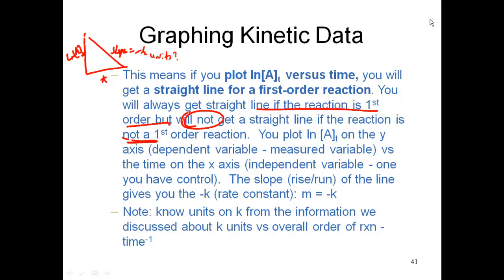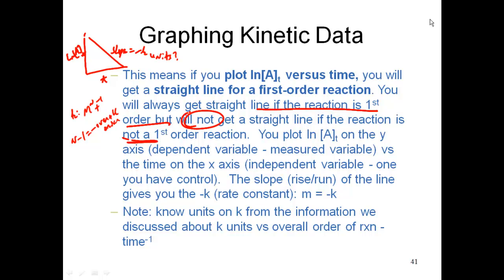You might recall that we know that K has units of molarity to the n and time minus 1. We also said that if you take the sum of your units of K, which in this case would be n minus 1, it's equal to the negative overall order of the reaction.